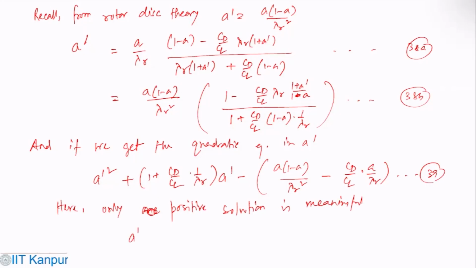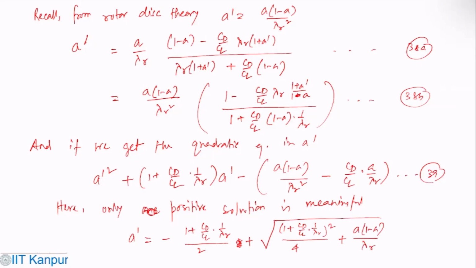So what we get, A prime equals minus (1 plus CD by CL into 1 by lambda r) by 2 plus or minus, so it would be only plus, the square root of (1 plus CD by CL into 1 by lambda r) square by 4, plus A into (1 minus A) by lambda r square, minus CD by CL A by lambda r. So that's what we get.